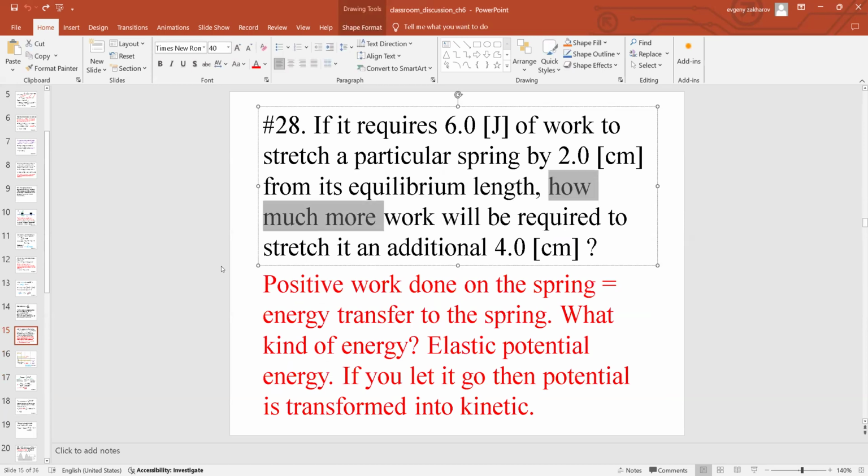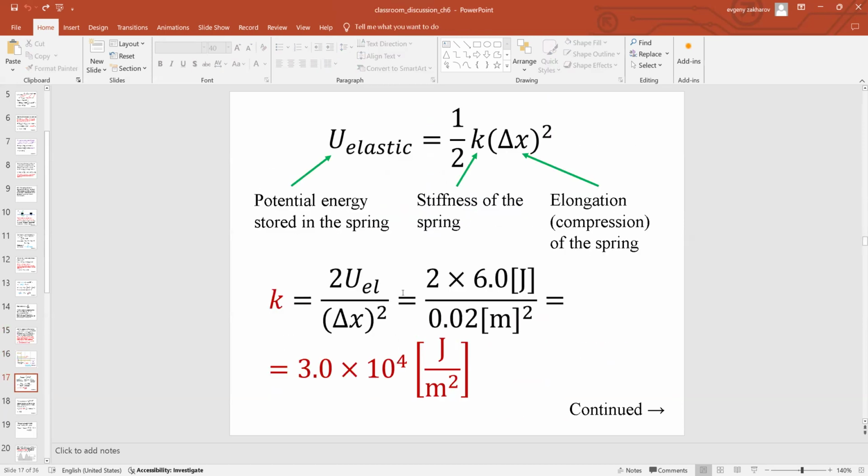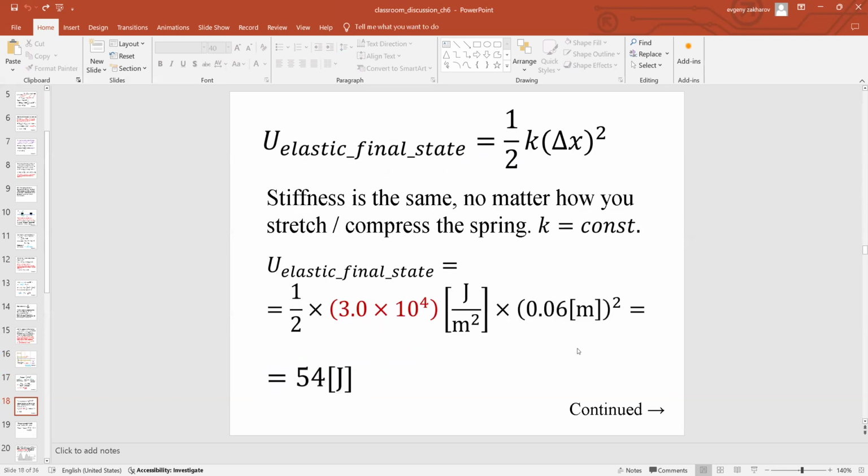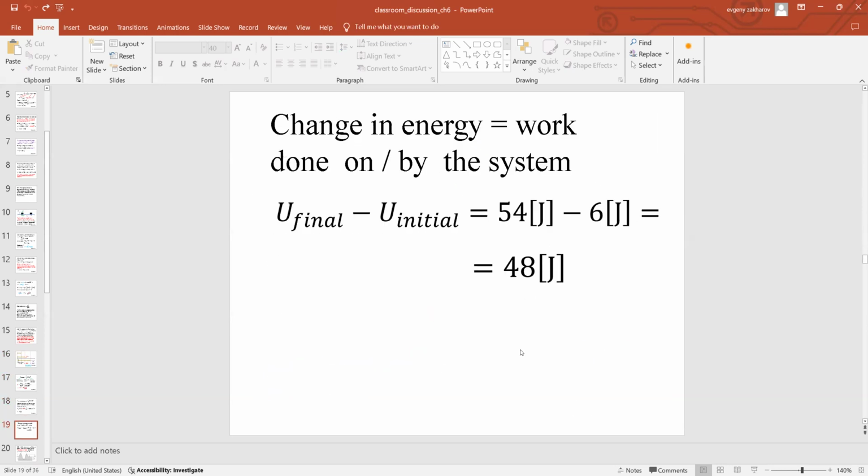How much more means you start with what you had at 2 centimeters and now what you had at 6 centimeters. So 54 is the final state and 6 was the initial state. So how much more? You need extra 48 joules because it's the change, it's the amount between the final and the initial.